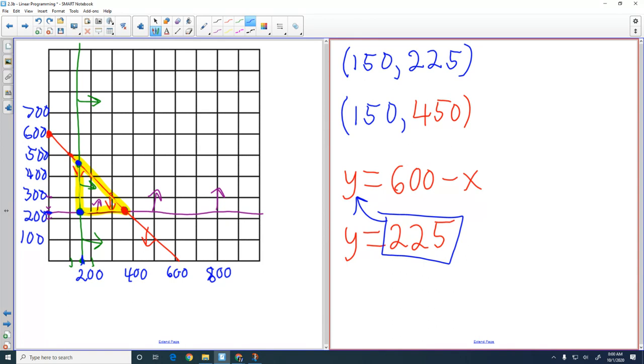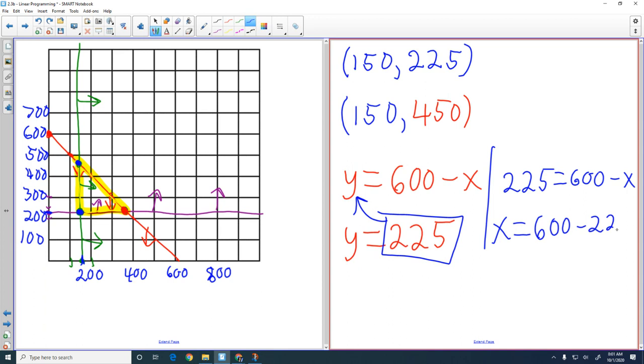So we're saying, all right, 225 equals 600 minus x. So to solve this for x, I can add x to one side and subtract 225 from both sides. So x is going to be 600 minus 225. Does anyone know what that equals? 375, yeah. So x equals 375. So this is our next coordinate.